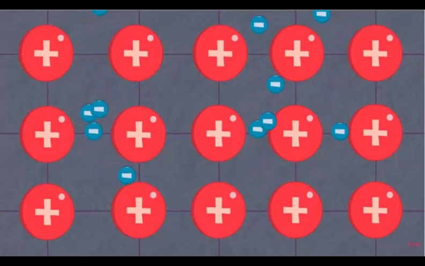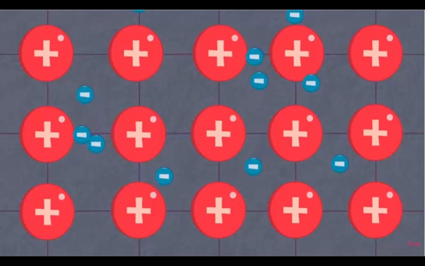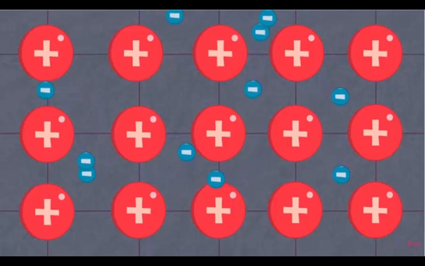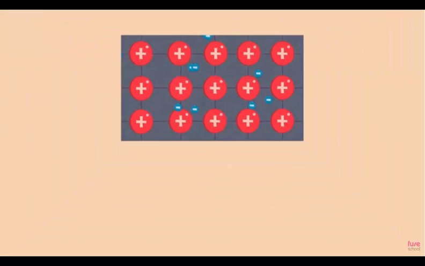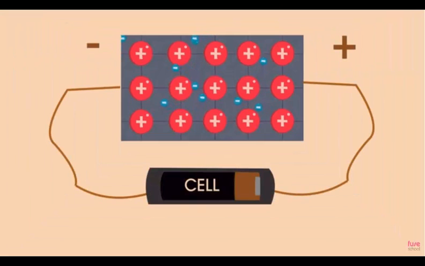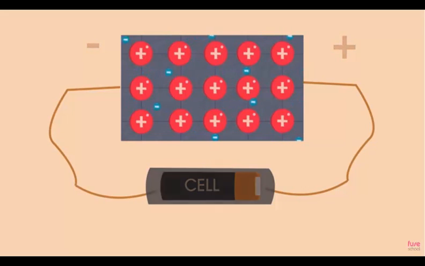They form a sea of electrons that can move easily if a potential difference or a voltage is applied across it. This could be from an electrical cell or a battery. The electrons will begin to drift towards the positive terminal of the battery, and this is what happens when current flows. Current is the movement of charge, in this case electrons.